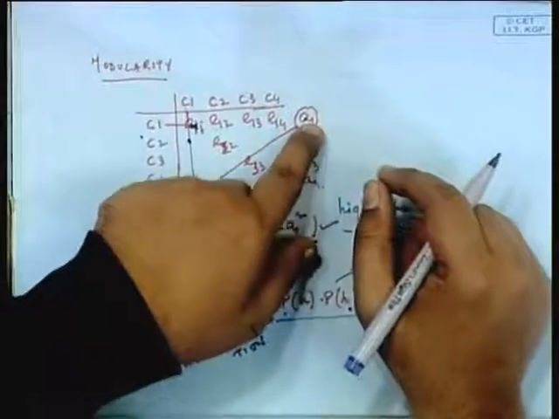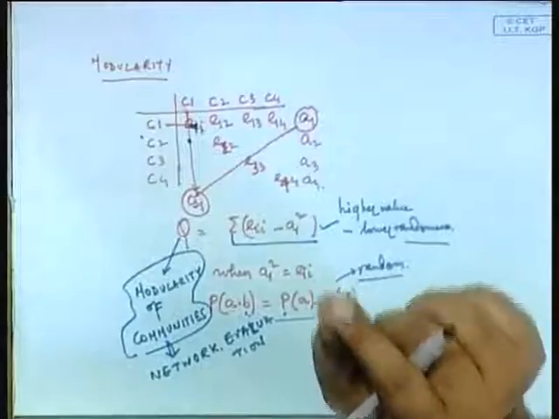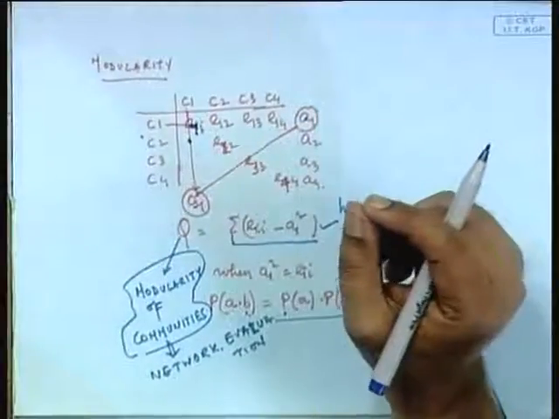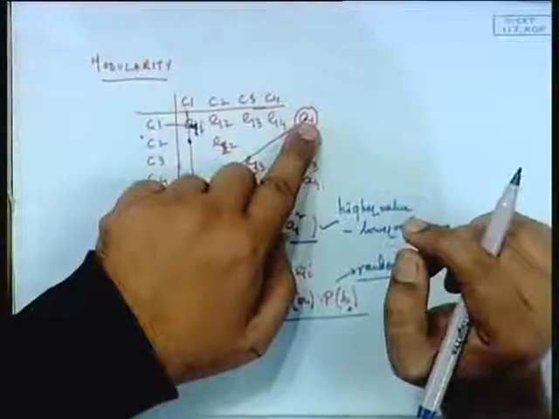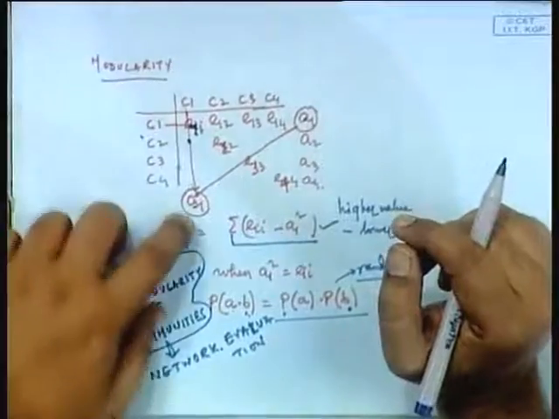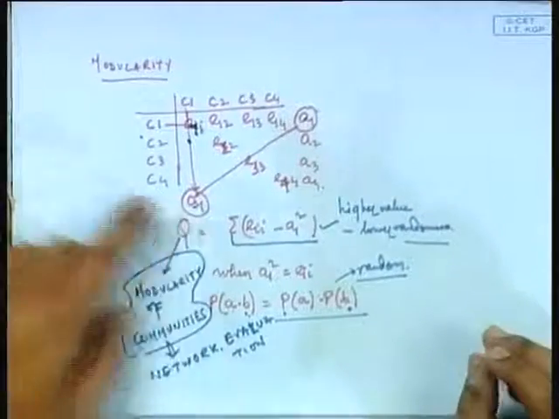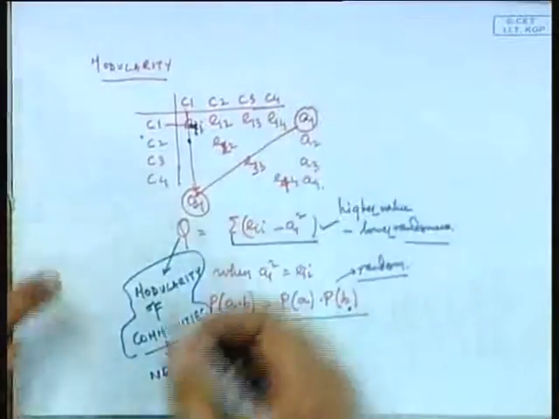What is this showing? That both ends of the edge are in the same community. Here what is it showing? That one end is at least in community 1, and this is also showing that the other end is in community 1. Yeah, it is the sum of that row.